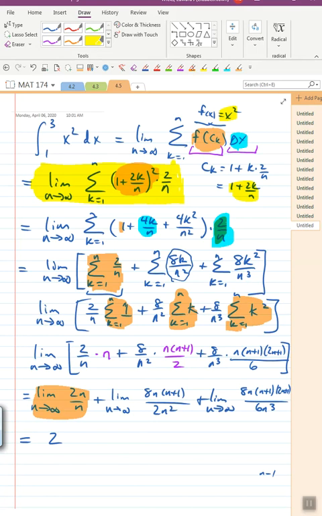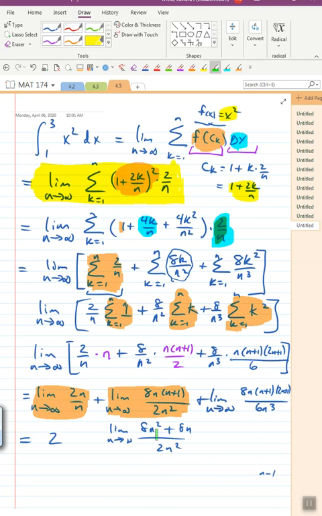Can you tell me what this one is? Okay, everybody agree with that? That is correct. Does everybody see why? Notice it is limit n goes to infinity of 8n squared plus 8n over 2n squared.